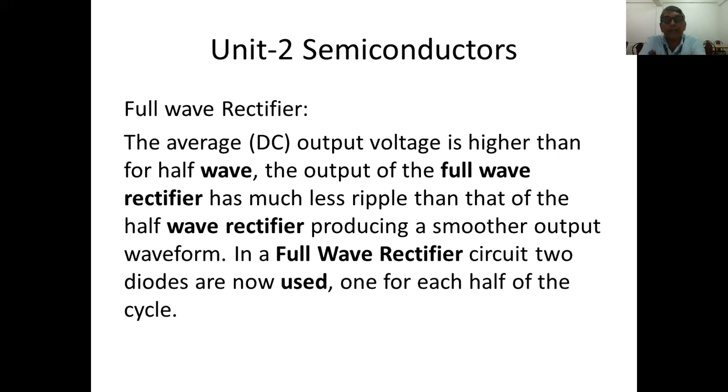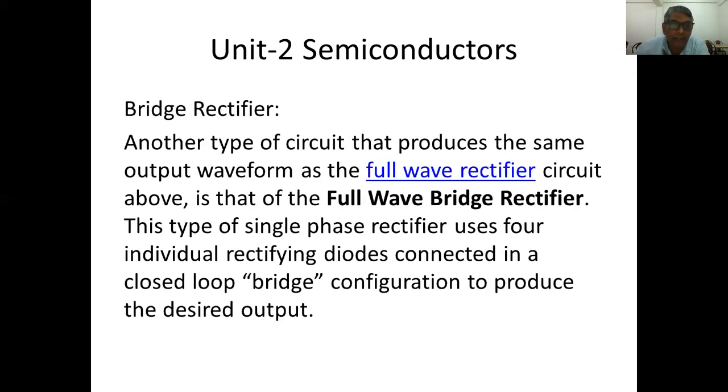And what is a full-wave rectifier? A full-wave rectifier is a rectifier in which rectification takes place in both cycles. That means it is continuous in nature. So when the AC signal is given to this rectifier, at the output you are getting a constant DC signal. So it is another type of rectifier we use.